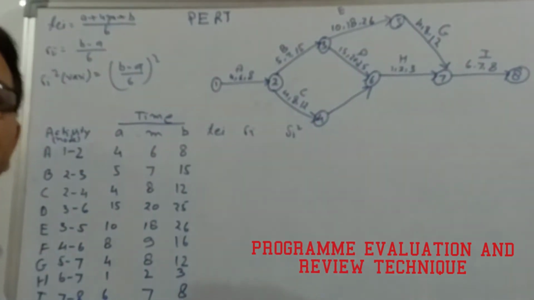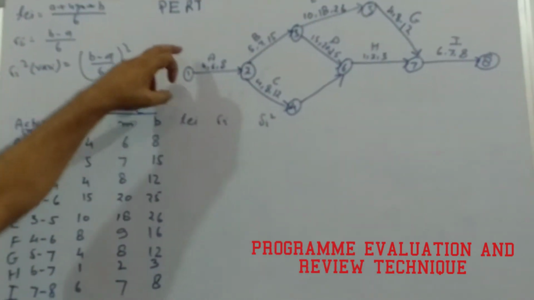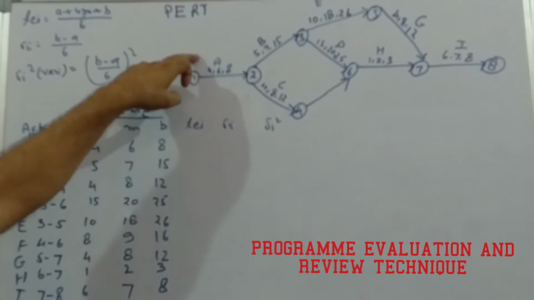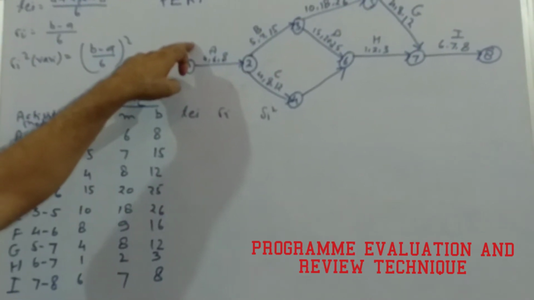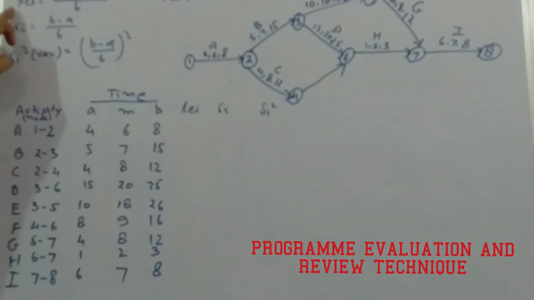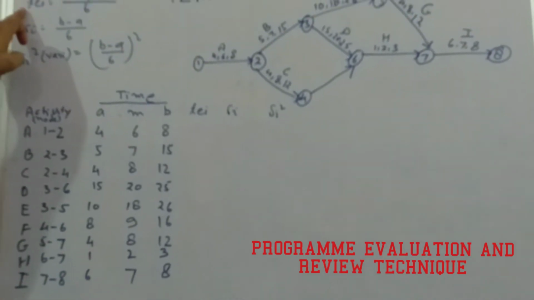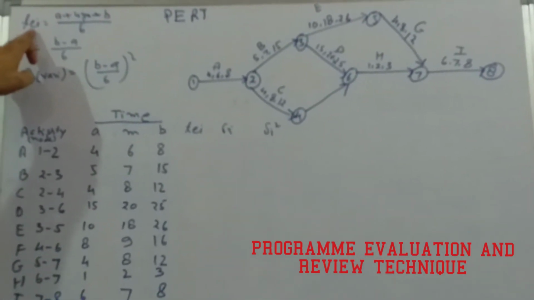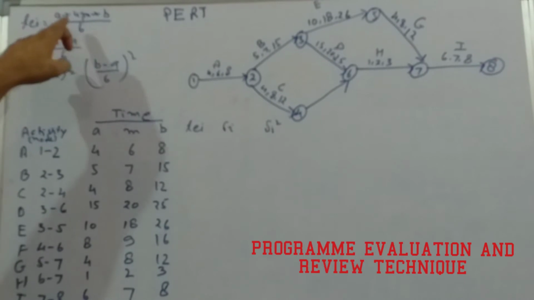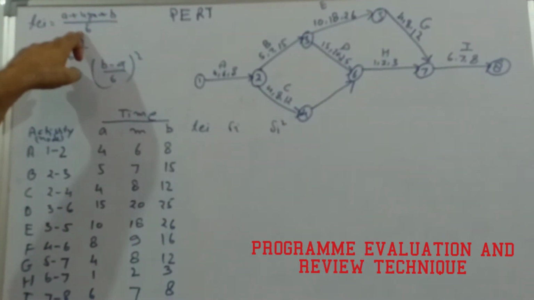Now what we need to do here is calculate the mean time or expected time. The formula for calculating mean time or expected time, represented by TEI, equals A plus 4M plus B divided by 6.